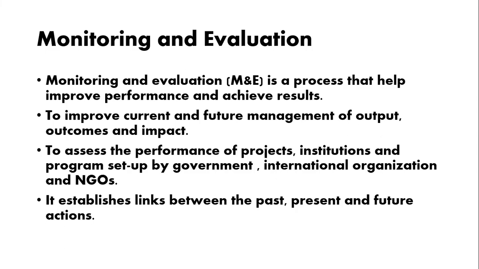So that means it is a continuous process, right? It will help to improve current and future management output, outcome, and impact. It can be used for a project, institute, or program, whatever segment in the value chain, and it establishes links between past, present, and future actions.